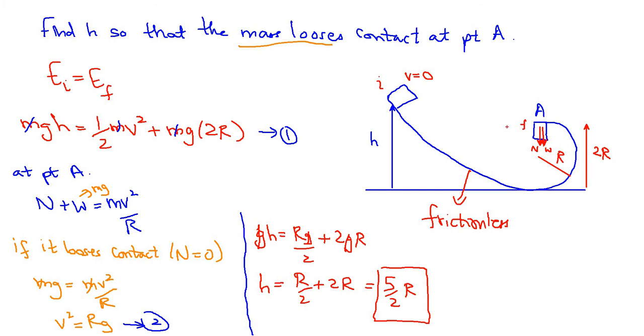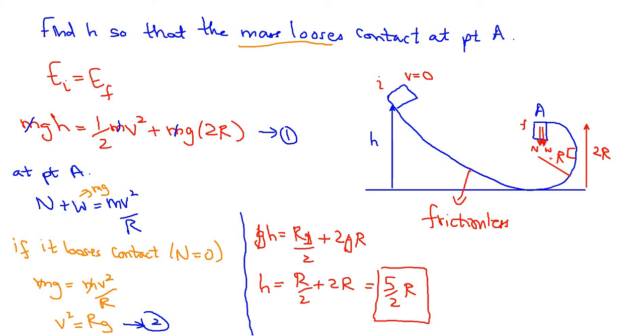Okay, so that was it. In some questions, you might also be given a situation where you have to figure out what happens at another point. I'm just going to give you a hint on that. You can apply conservation of energy, and the height at this point is going to be R instead of 2R.